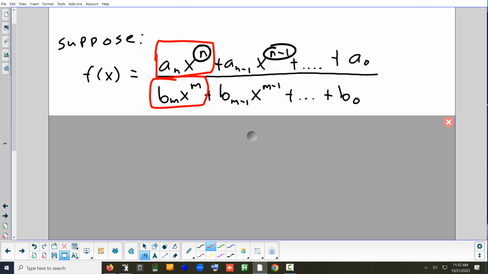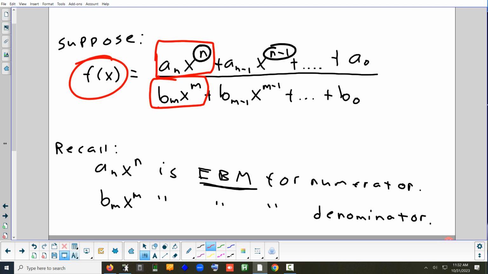To find the EBM of the whole thing, what do you think we would do with the EBM in the top and the EBM that's in the bottom? Yeah, we would divide them. So the EBM of the whole thing is when you divide the EBM of the top by the EBM that's in the bottom. So the first term is the EBM of the top.